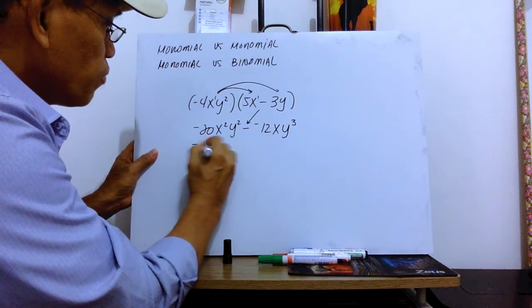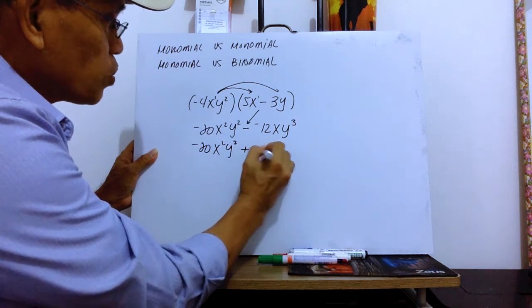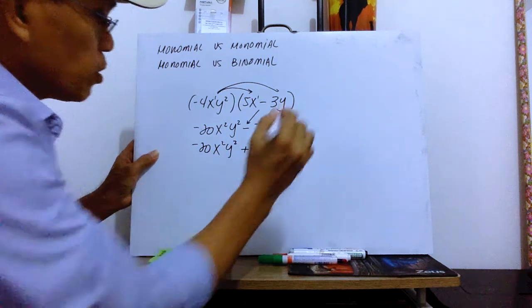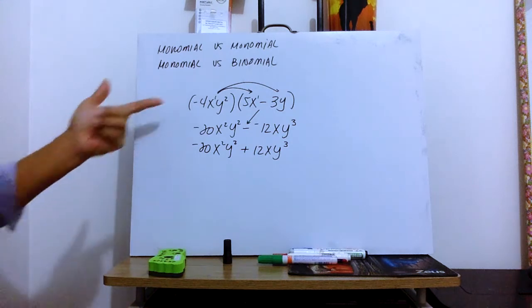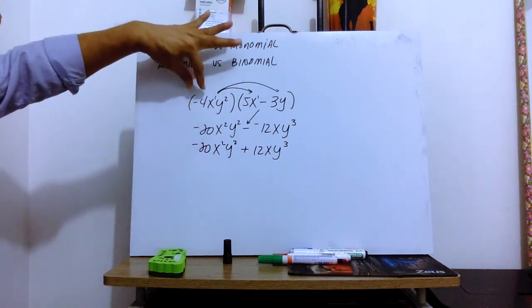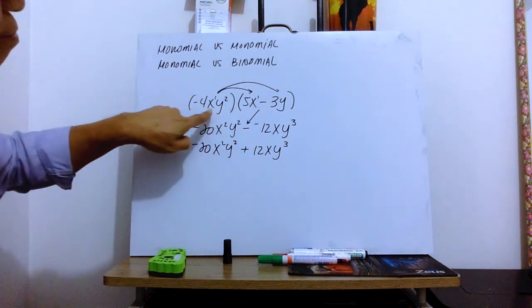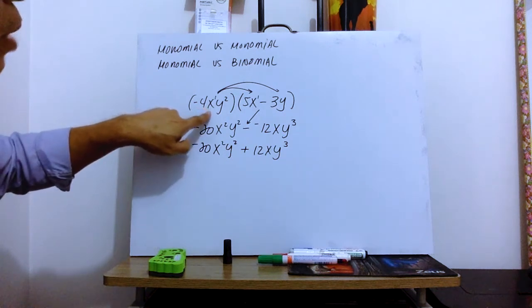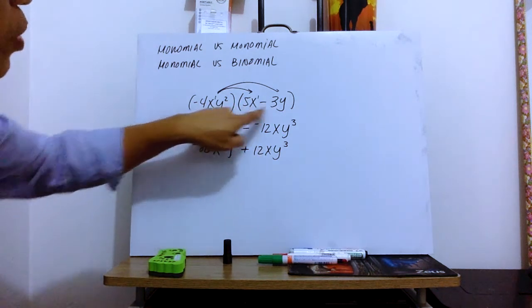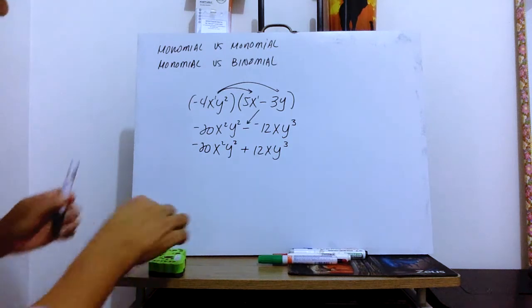So negative 20 x squared y squared plus 12x y cubed. Let's check: negative 20 x squared y squared, negative and negative is positive, x copy, y squared times y is y cubed. Very easy. All right, next.